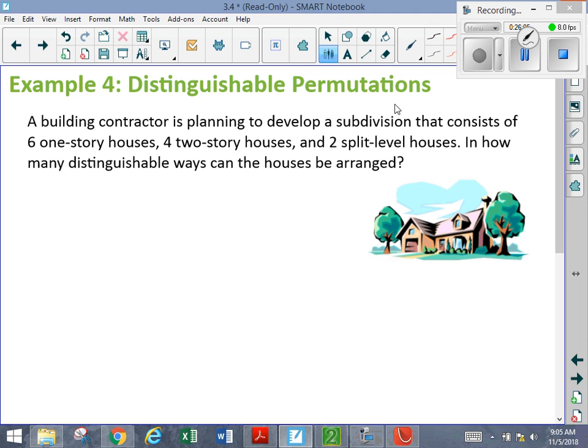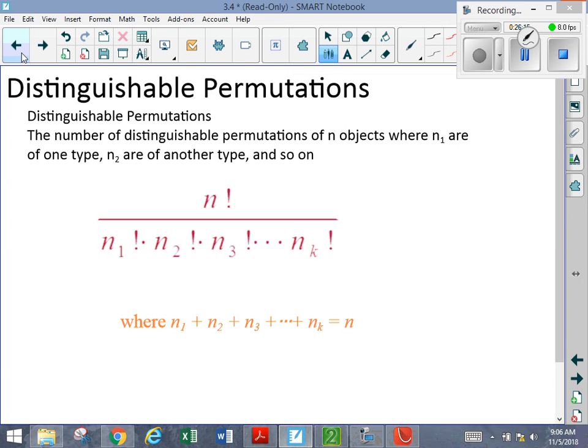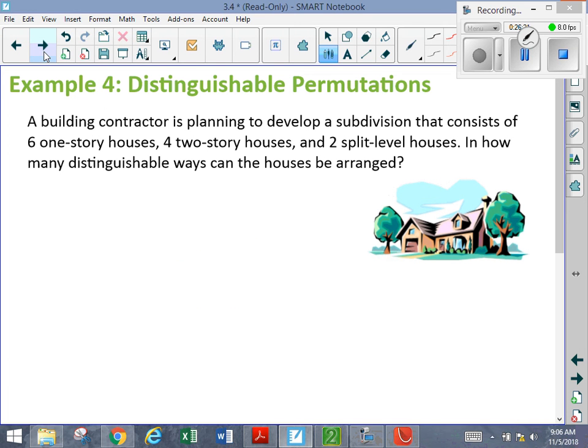Alright. Nothing to do with this. Here we go. So how many different ways? Let me actually, so what is n? If we're looking at this, what is n? It's our total number of different objects, right?